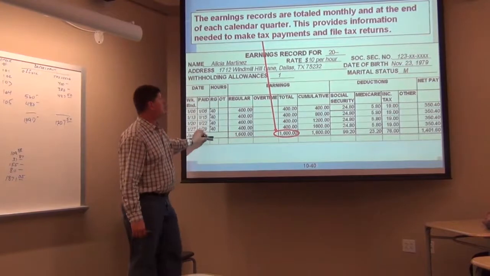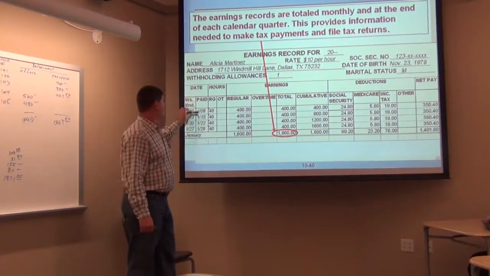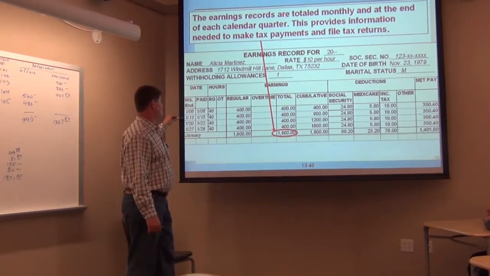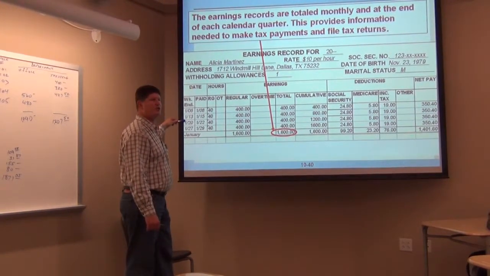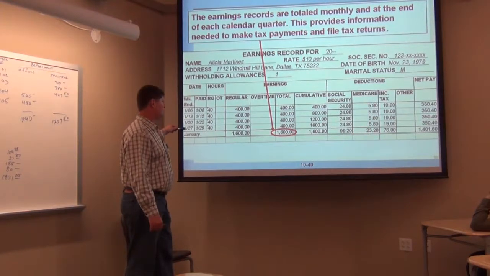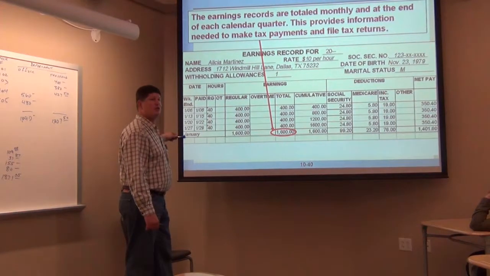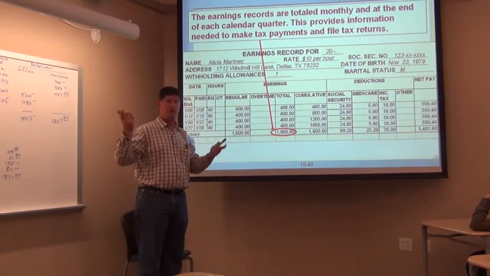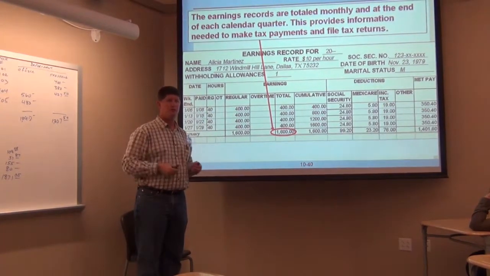All that important information you need to know is there. And it looks a lot like a payroll register, except it's only her checks. So here's the one from January 6th, here's the one from January 13th, here's the one from January 20th, 27th. Here's a total for January. So she has her own earnings card, if you want to call it that, her own page.